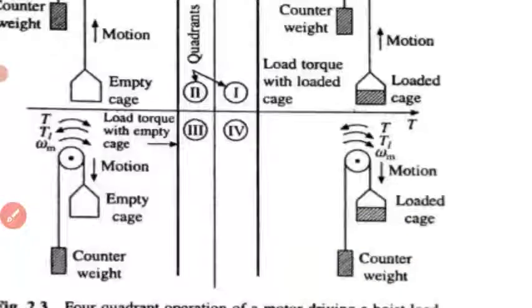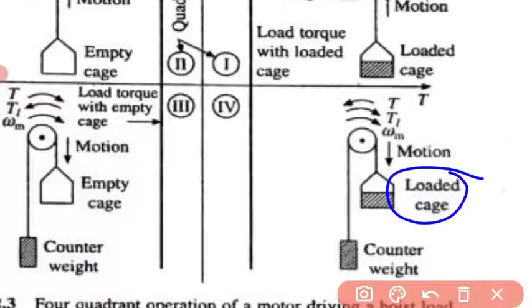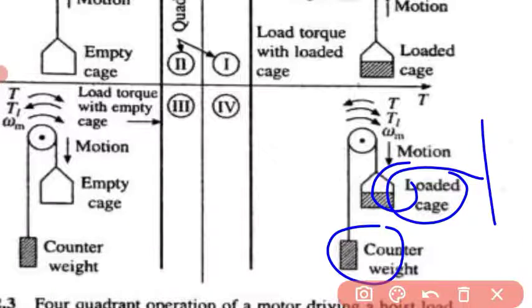Fourth quadrant, what happens when a loaded cage is lowered. Since the weight of the loaded cage is higher than that of the counterweight, it is able to come down due to gravity itself.